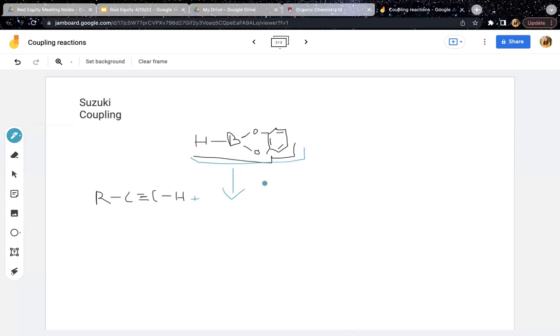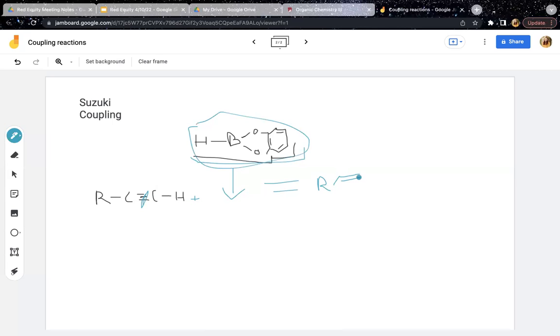And so then what's going to happen is you're going to get the same thing, but it's just going to form a double bond. So it's going to go up like that. And instead of this triple bond here, we're not going to have that triple bond anymore. It's going to become a double bond. So there's the double bond. And then you're just going to add on this whole molecule to this part.